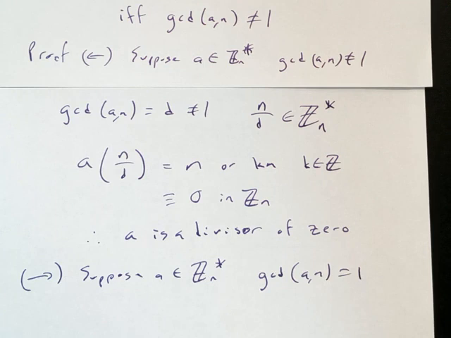I want to show that this is not a divisor of 0.